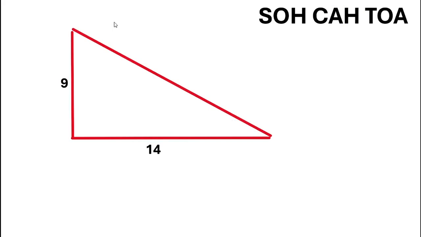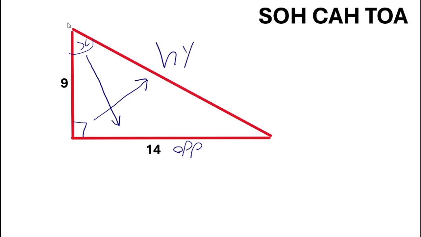Now, if I have x here, the side opposite the angle x is called opposite. Opposite is equal to 14. And here we have the right angle. This is the hypotenuse because the side opposite the right angle is called hypotenuse.